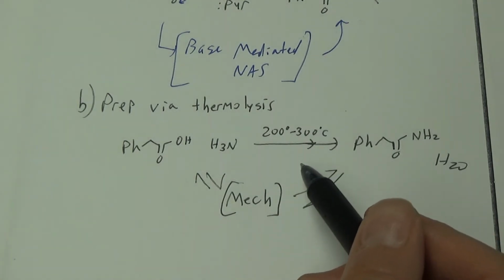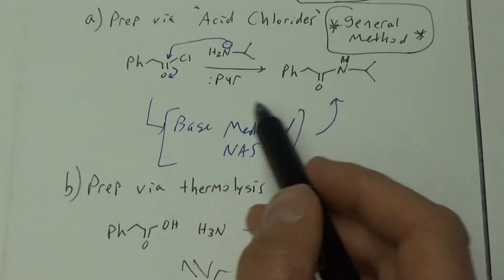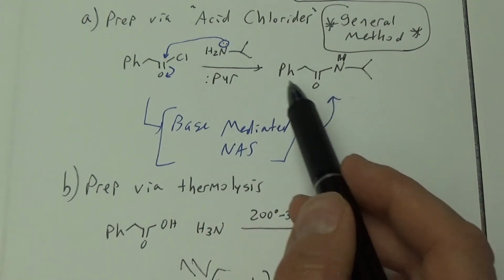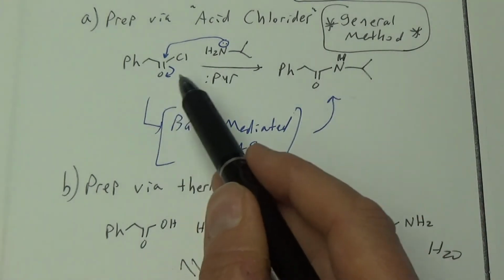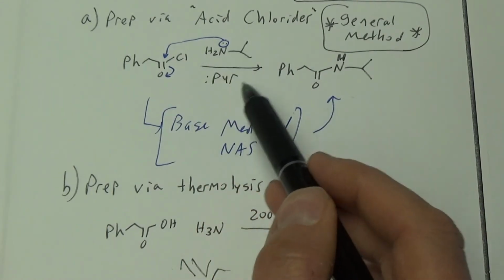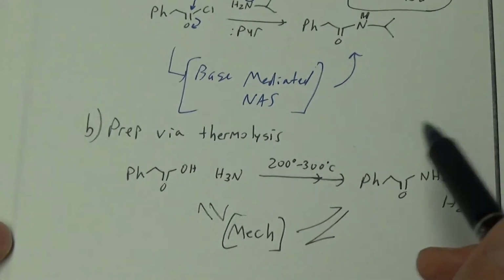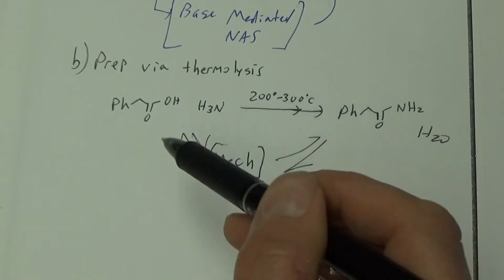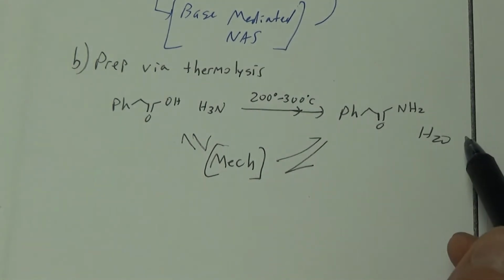I think the acid chloride method is a lot cooler as a general method, because it's cool to show how you make acid chlorides with SOCl2. This is also a cool mechanism, right? And the thermolysis is not really used in modern organic chemistry, so that's why I don't care too much to go into it.